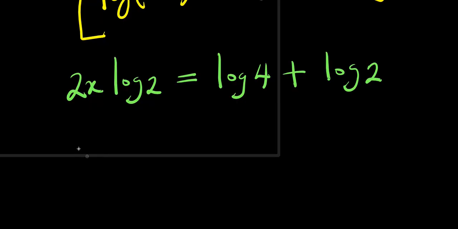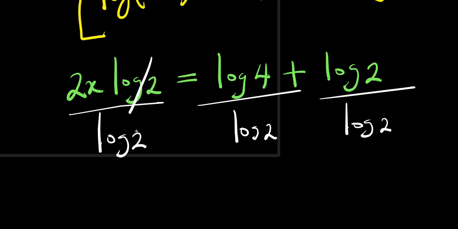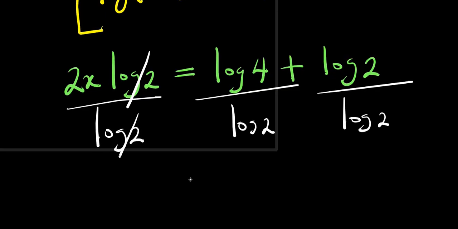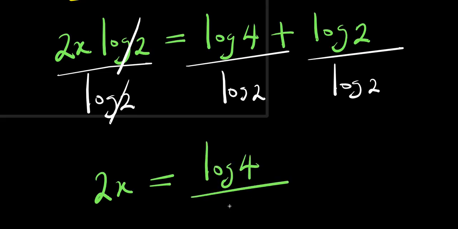From here, I can divide this by log 2, divide this by log 2, divide this by log 2. Log 2 cancels log 2. I have 2x equals log 4 divided by log 2 plus log 2 cancels log 2, I have 1.